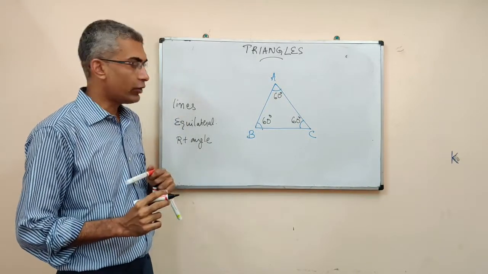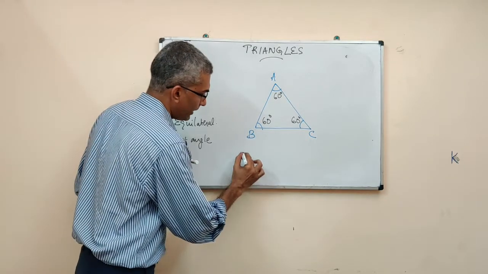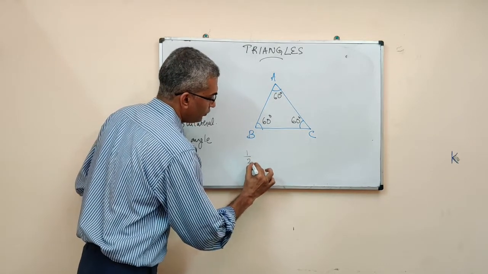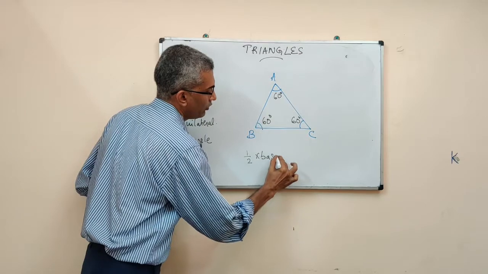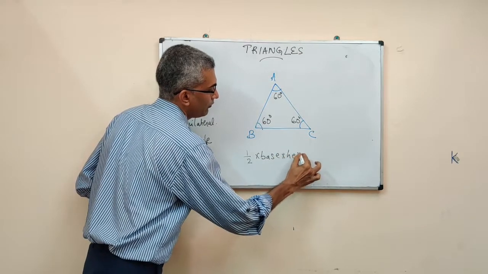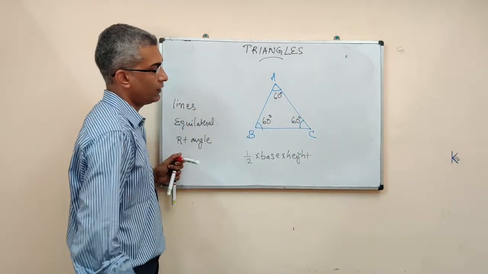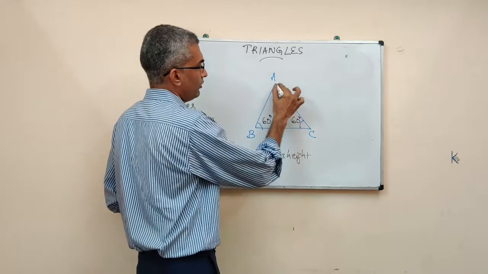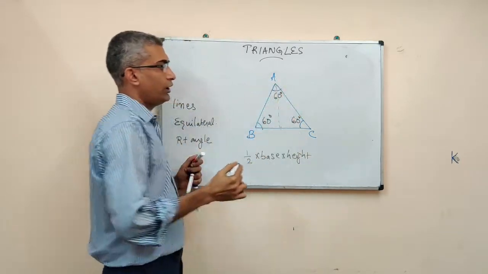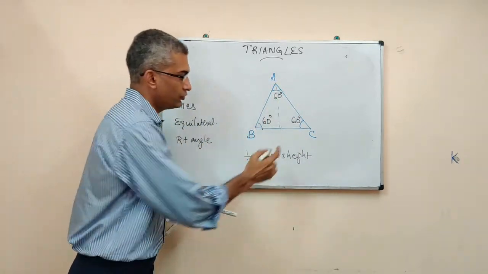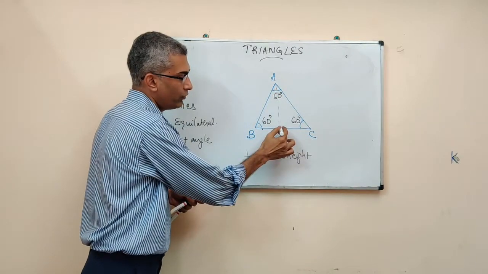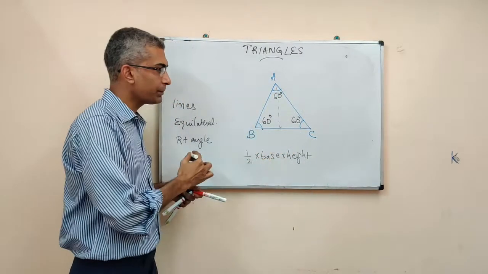The area of an equilateral triangle can be found out using the same formula, area equal to half into base into height. In an equilateral triangle, we can see that this altitude will go through the center of BC.